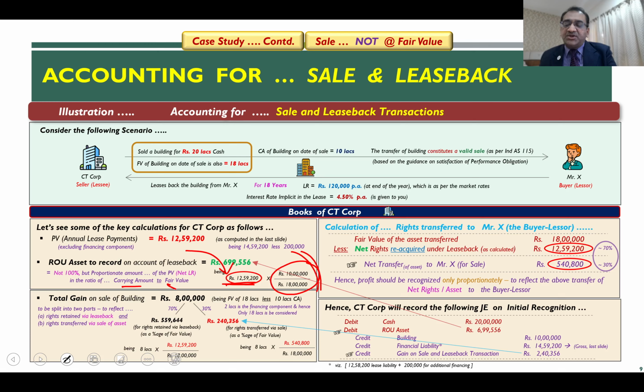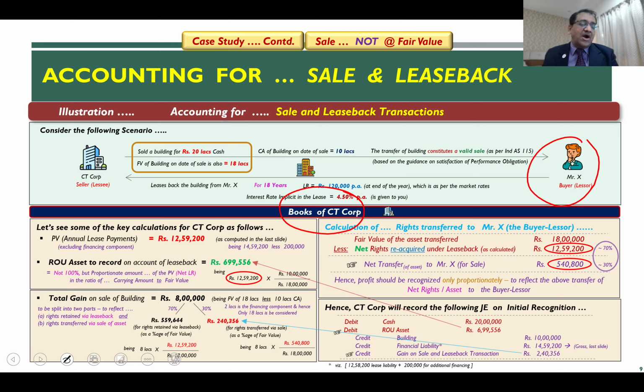So 12,59,200 multiplied by this ratio, 10 lakh divided by 18 lakh. That is the way this number is computed. But as I mentioned, you can use it as a balancing figure. Also, it will work out to be the same. That is the way the accounting will be done by CityCorp.